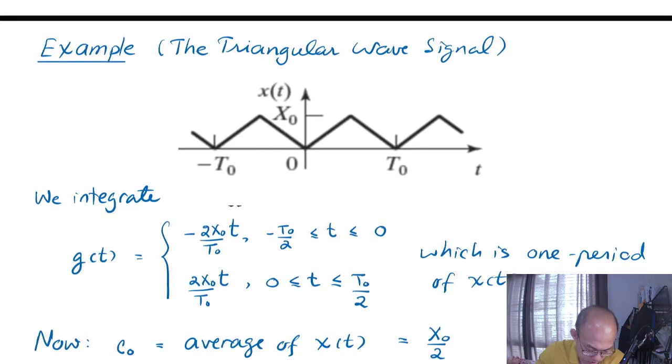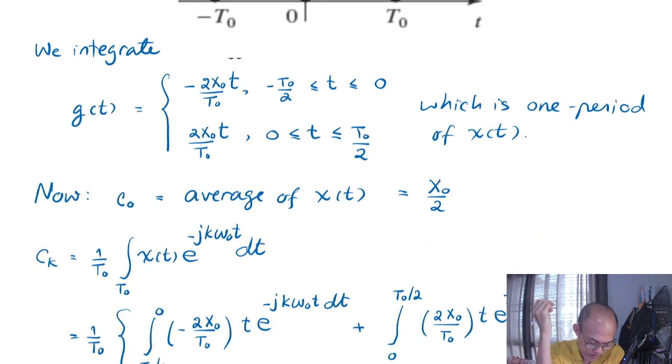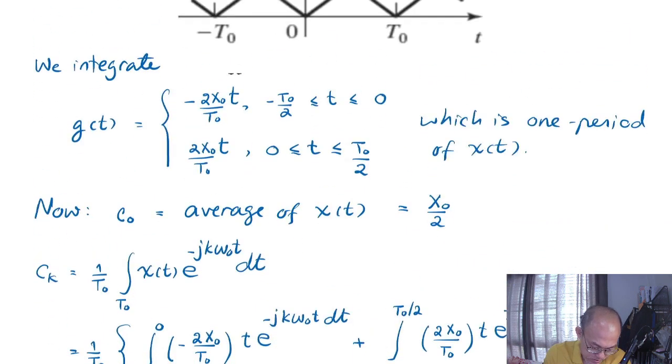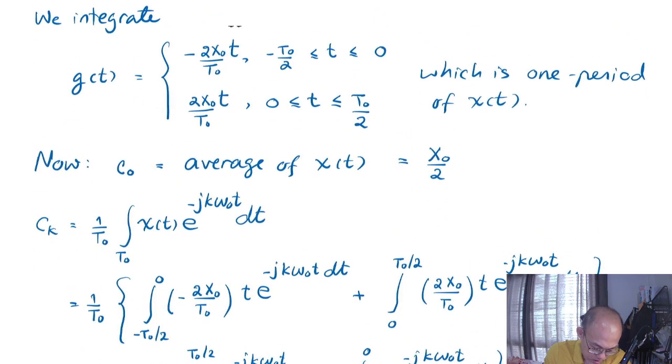Okay, so let's start with this. x0 over t0 over 2. So I got that. Okay, that is correct. This one, starting from minus t0 over 2 to 0, I have this.